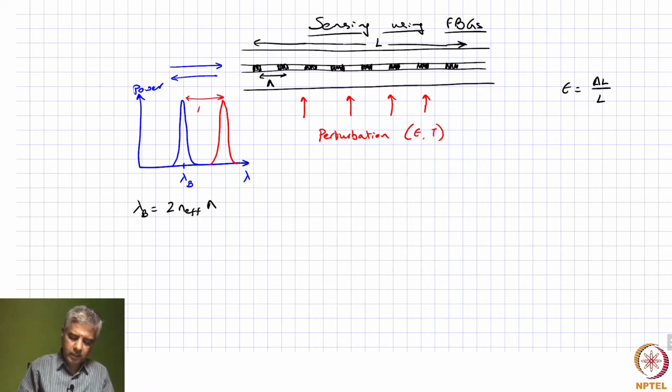Let's call that wavelength shift delta lambda B, because we are talking about the change in the Bragg wavelength from this wavelength to this wavelength. So the question is, how do you quantify that change in the Bragg wavelength?